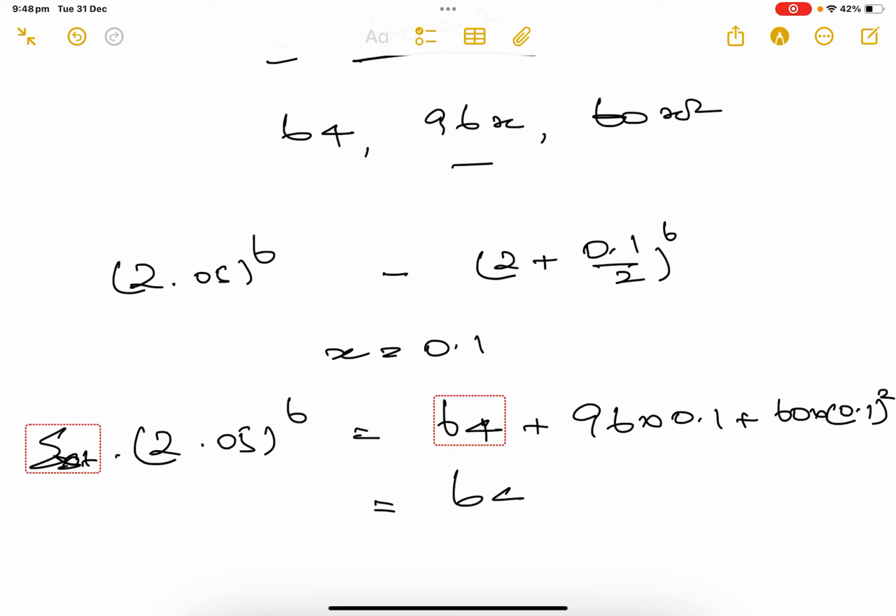That will be 64 plus 96 times 0.1, which is 9.6, plus 0.1 squared, which is 0.01, times 60, that will be 0.6. If you add all three, the answer will be 74.2. So the estimated value of 2.05 to the power 6 is 74.2.